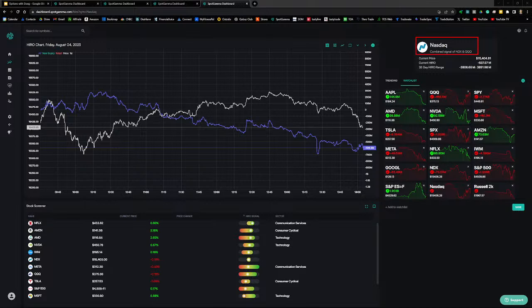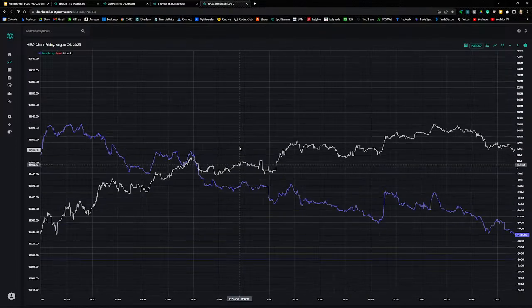And this has been on a steady downtrend since about 10:15, 10:30 this morning. Traders taking negative delta positions. So the Hero signal was not as clear to me today for the Nasdaq as it was for the S&P 500.